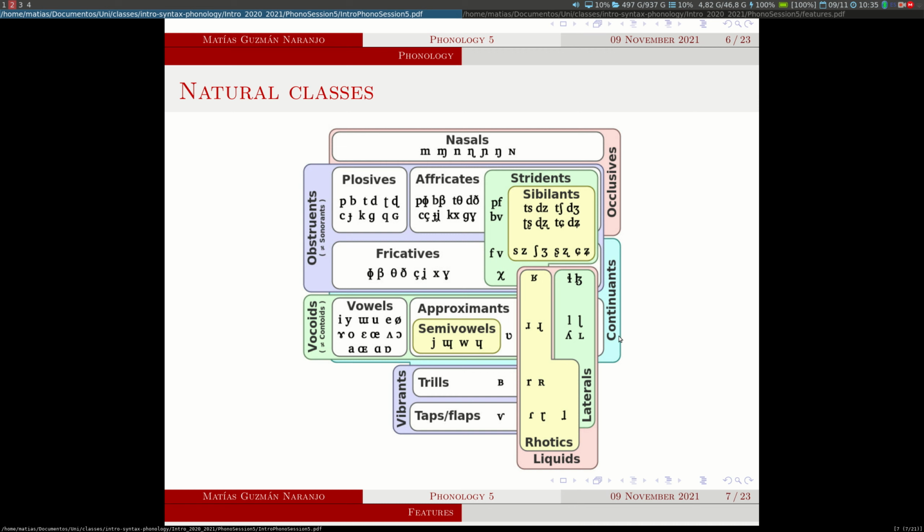So this is a group including vowels and fricatives on this property that the airflow is continuous. We know that between fricatives and vowels there's a difference. Vowels create no obstruction, but fricatives do. However, there is no complete closure, which is what links them together.